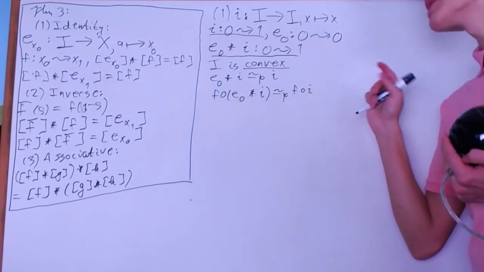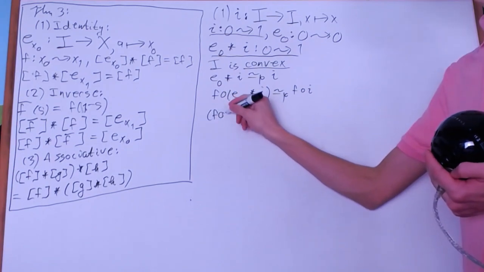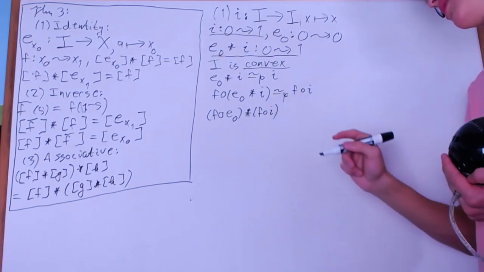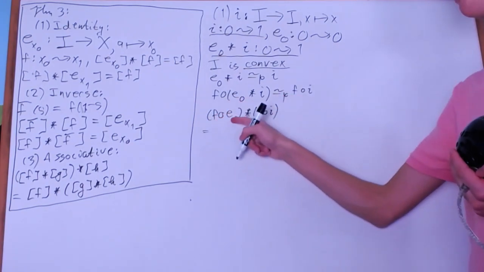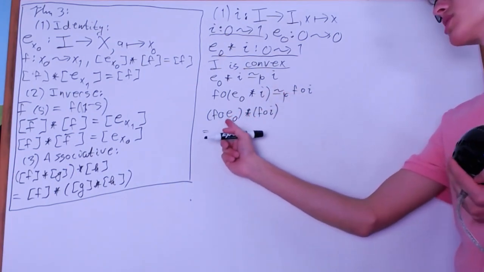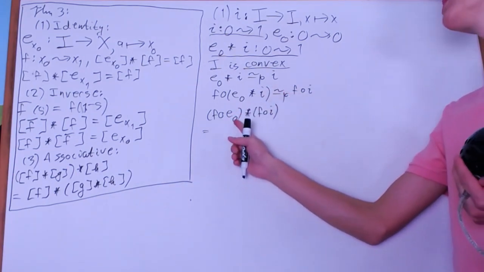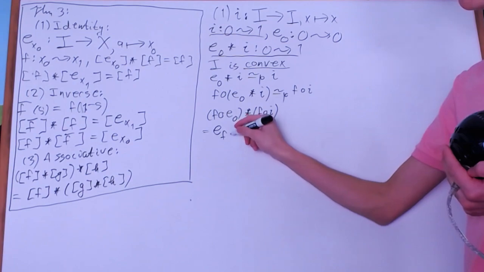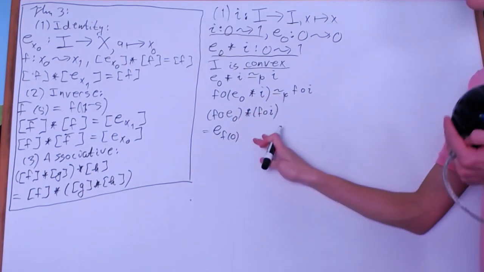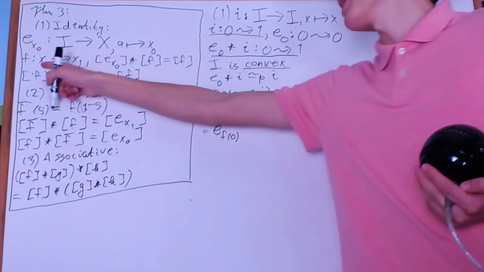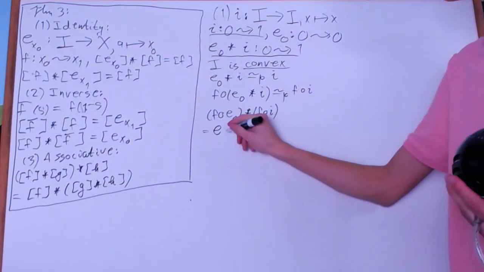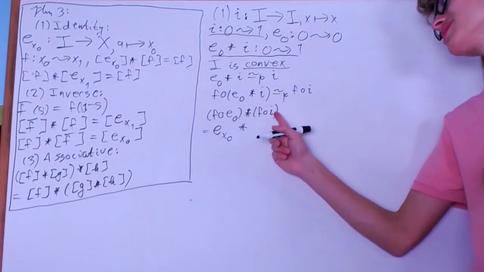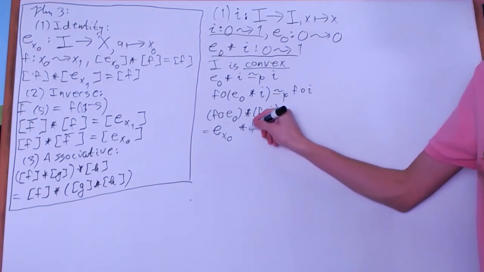So right in here, using lemma 2, I can go ahead and separate it into f composed with E0 star f composed with I, which is going to be equal to, well, f composed with E0. E0 is a constant function, so this is always going to be 0, meaning what comes out the other end is going to be a constant function at f of 0, which, because it's a path from x0 to x1, is just going to be x0. Then on the other side of this is f composed with the identity function, which is just f.